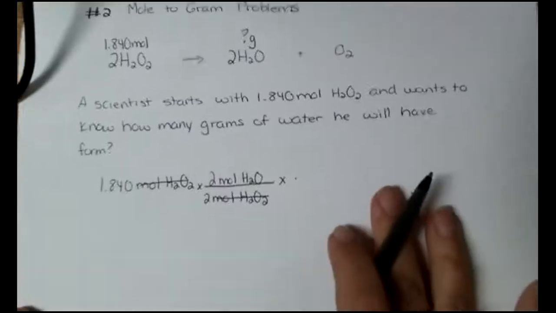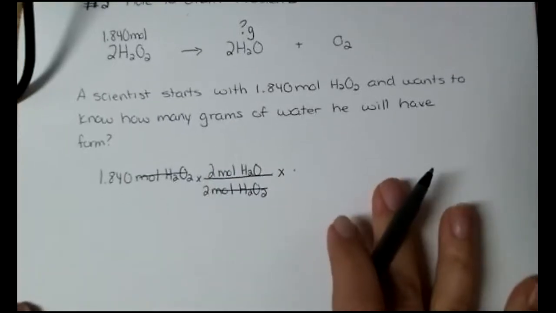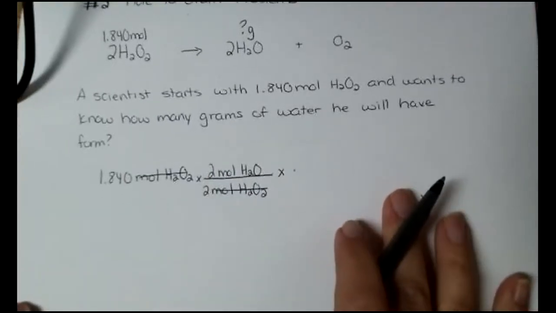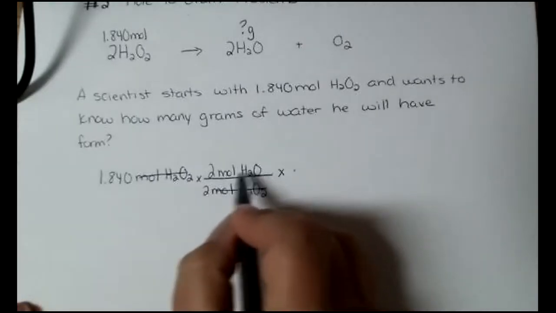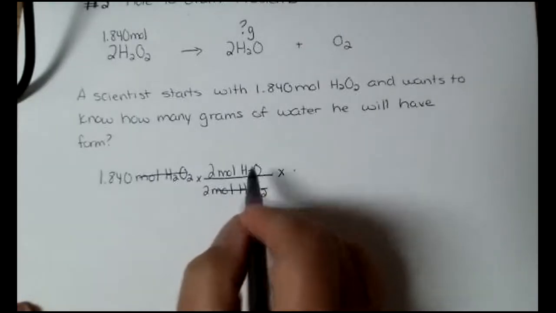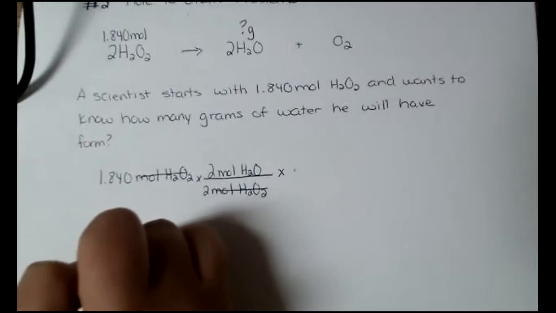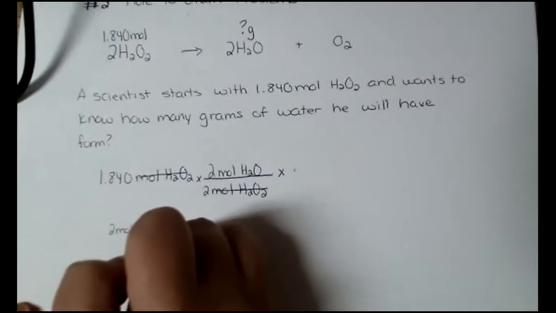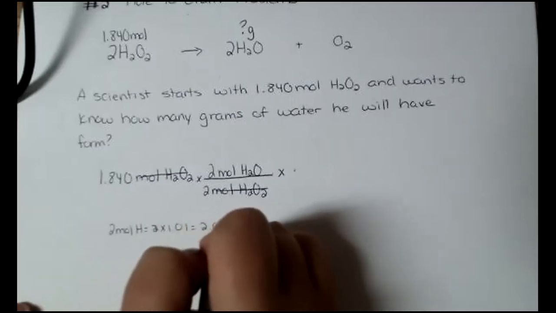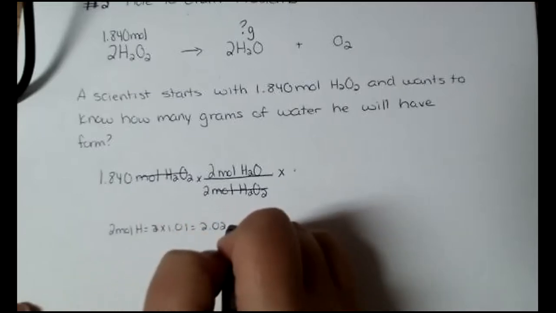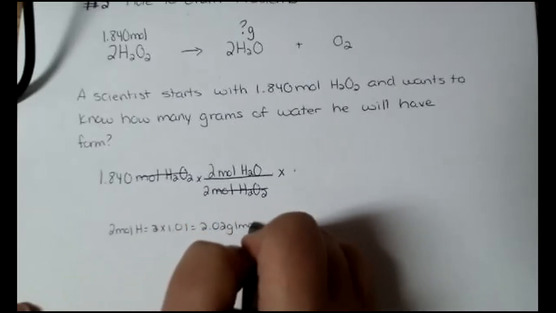So how in the world do I convert moles to grams? Well, we know that to go from moles to grams, we have to do molar mass. So I'm going to find my molar mass of water. So I have 2 moles of hydrogen, which is going to give me 2.02 grams per mole.